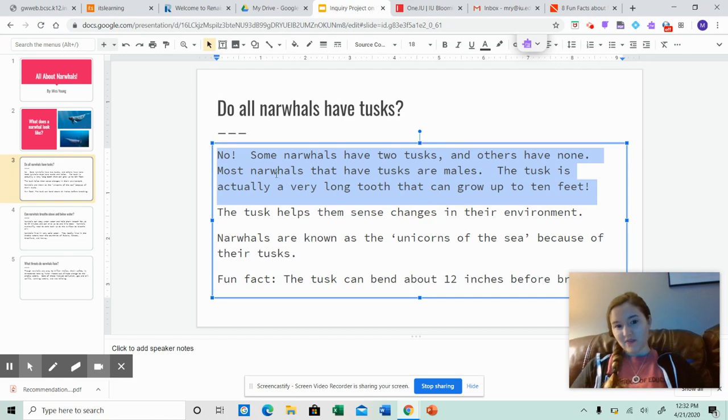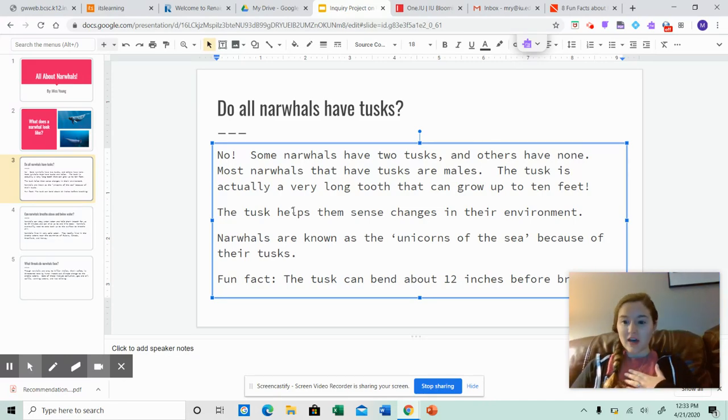I could have said, no, not all of them have tusks. It's usually males that have tusks, like I say in this paragraph, but I go into a little more detail and I say, but it can also be up to 10 feet, and it helps them sense changes in their environment. I wanted to include that because I figured that their tusks were used to protect themselves from predators, but that's really not true.